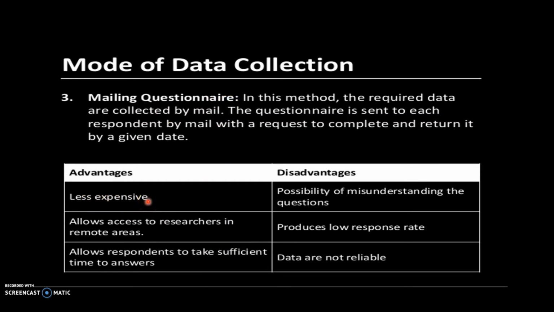We know there is no charge for sending mails. Then allow access to researchers in remote areas. Then allows respondents to take sufficient time to answer. Then what are the disadvantages? Possibility of misunderstanding the questions. Produces low response rate. Sometimes data are not reliable.